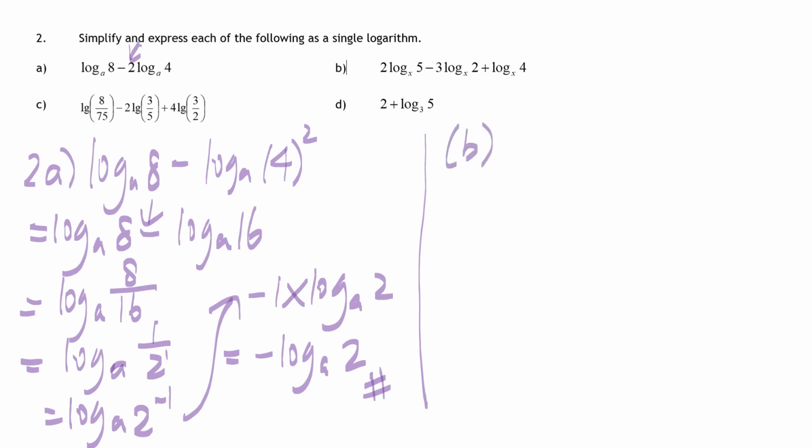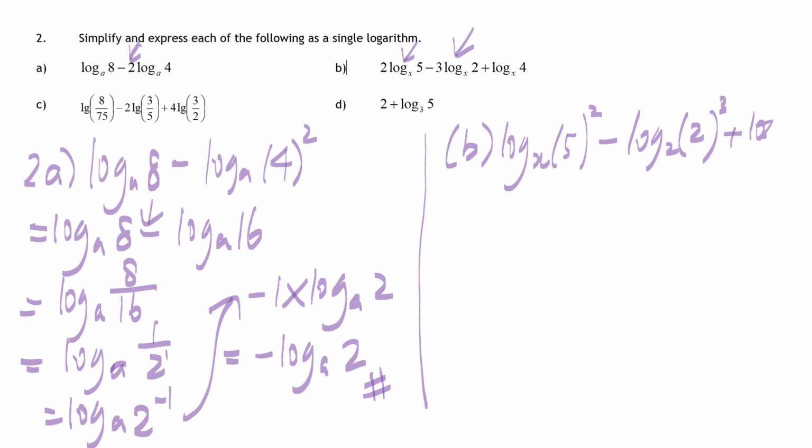Okay, now you should be able to be very confident, ready to use power law. Power law, power law. So that gives you 5 to the power of 2 to the power of 3. Okay, so let's give you log x 25 minus, oh, sorry, this is base x. If it's not base x, then I cannot go any more further. 8.